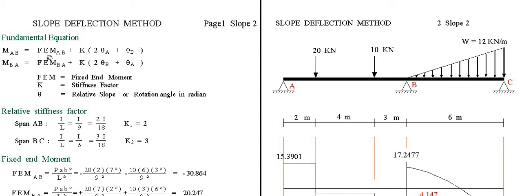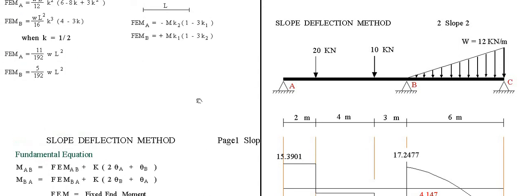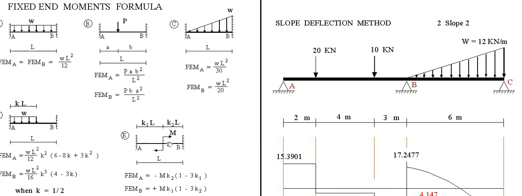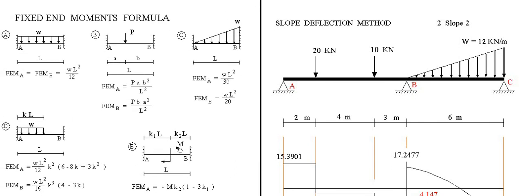Now the fixed end moment for any type of loading we have here above. For a full span uniform load, WL square over 12.